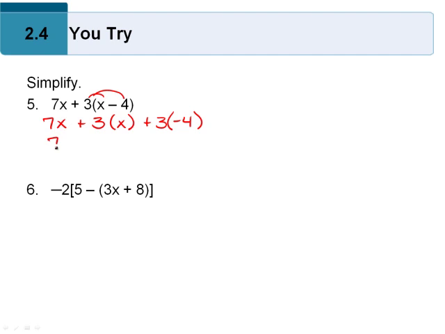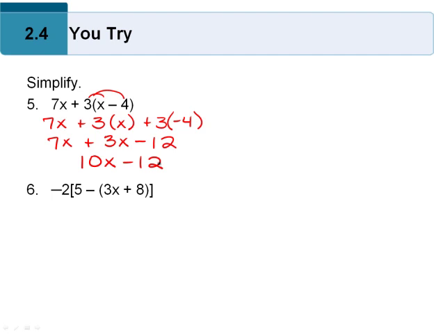So I have 7x plus 3x when I multiply there, and 3 times negative 4 is going to give me negative 12. So I write minus 12. And now our like terms are right there beside each other. 7x plus 3x is 10x minus 12. And that's it on that one.